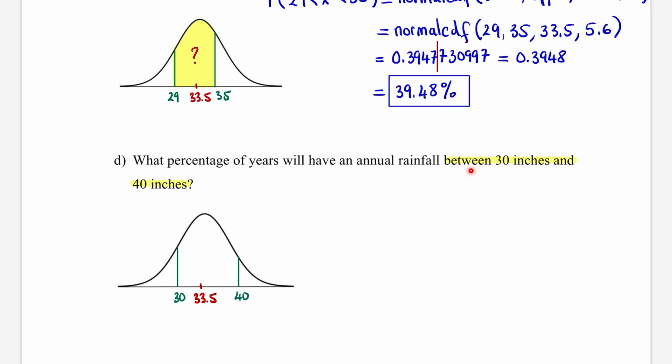And I want to find this region that is between 30 and 40 inches.